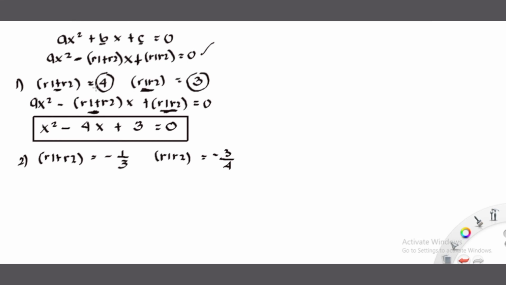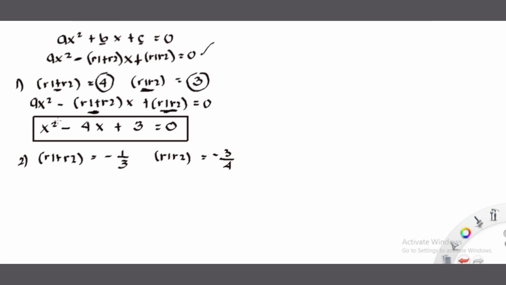Kasi, ang denominator ng ating sum and product is 1. Okay? So, hindi maapektuhan yung a. It's still equal to 1. So, dito, makikita natin na ang ating a is not equal to 1. It can be greater than or less than 1. So, tingnan natin kung ano magiging result. Kasi, meron tayong denominators for the sum and the product.